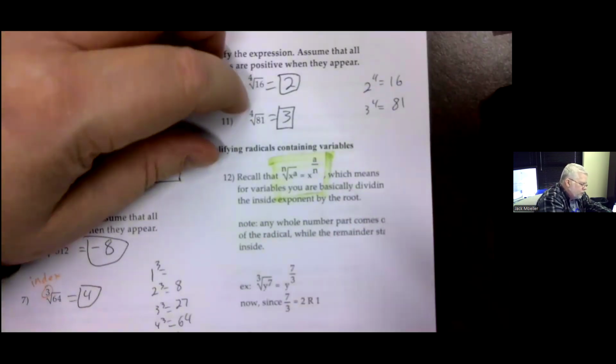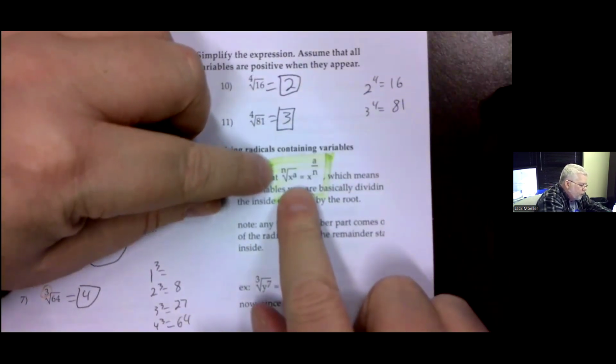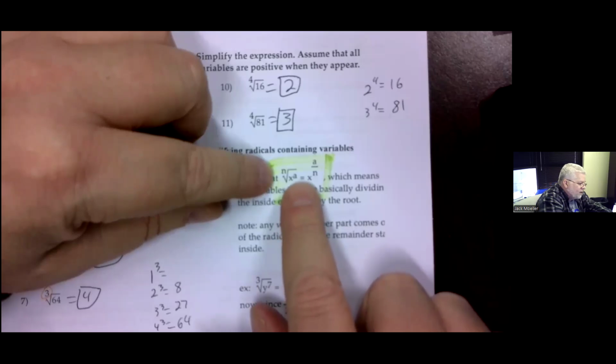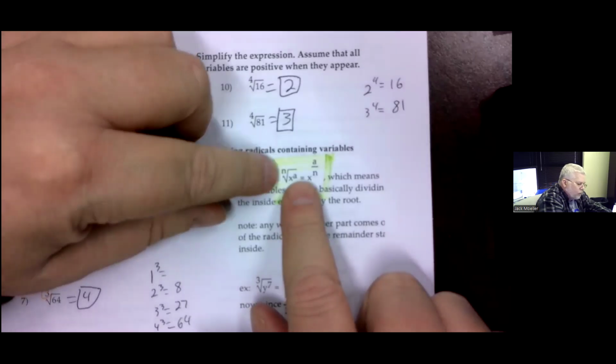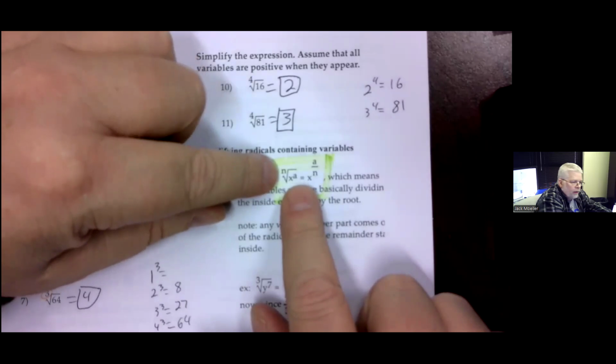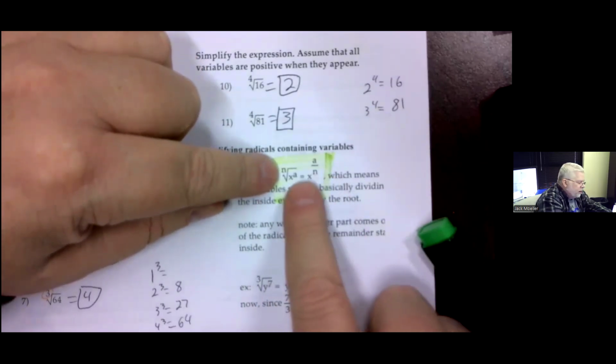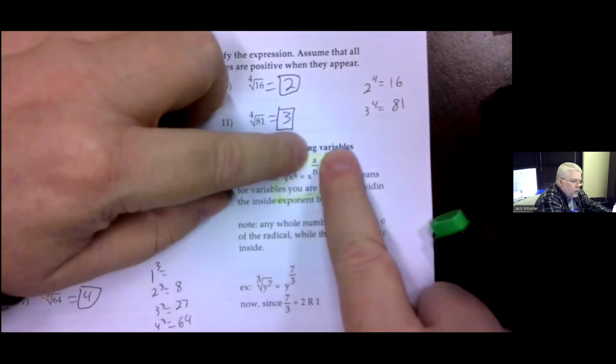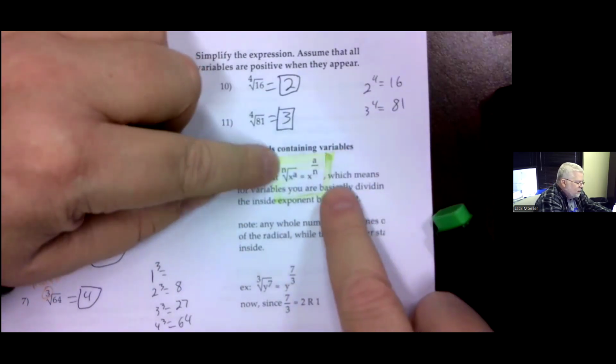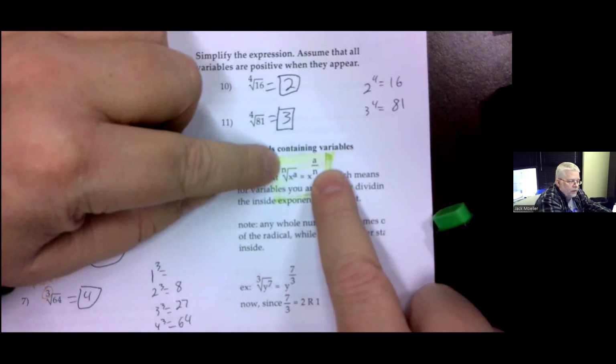If you have x to the a power, the nth root of that, the way you can write that as an exponent is with a fractional exponent. The inside exponent is going to be the numerator. The index of the radical is going to be the denominator of that exponent fraction.